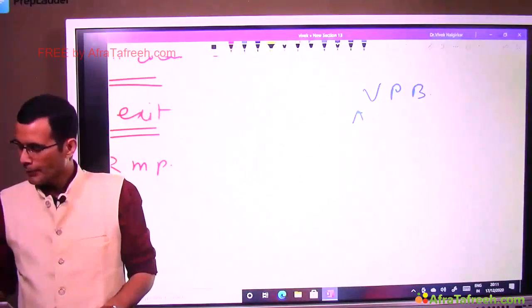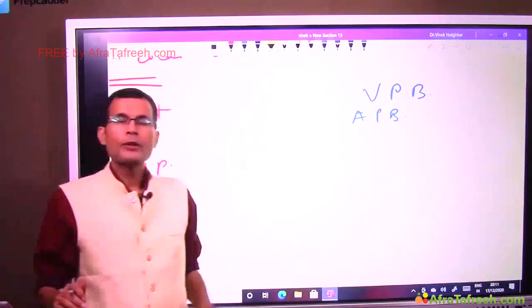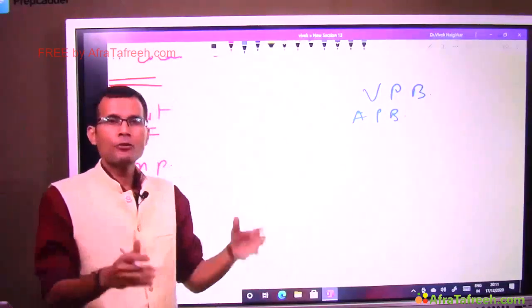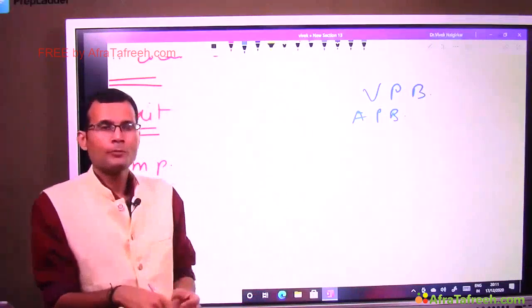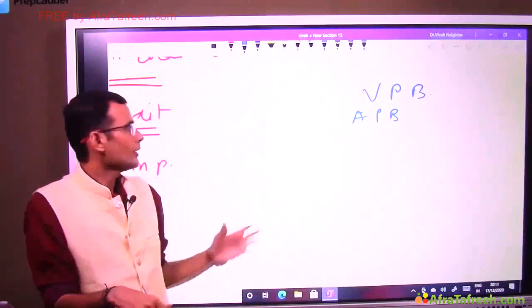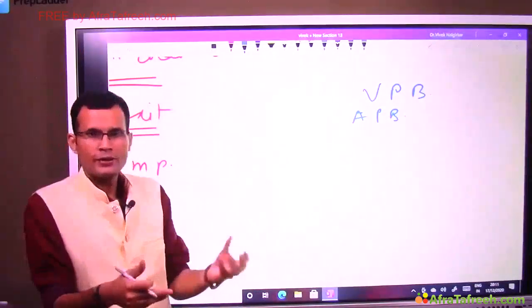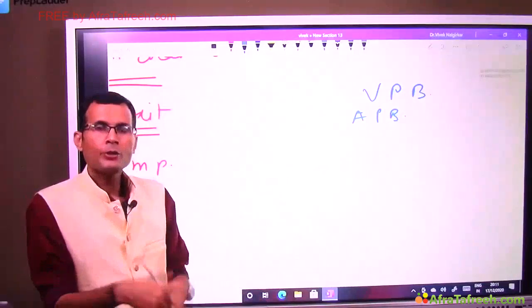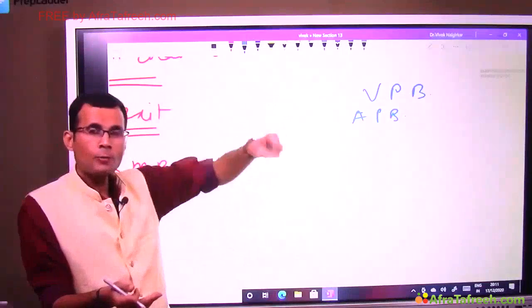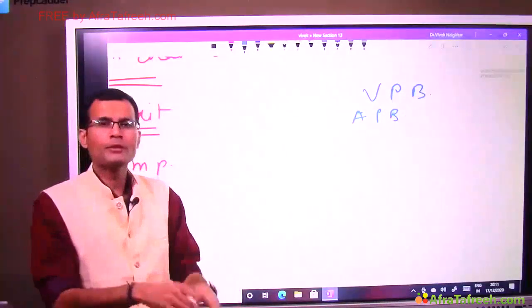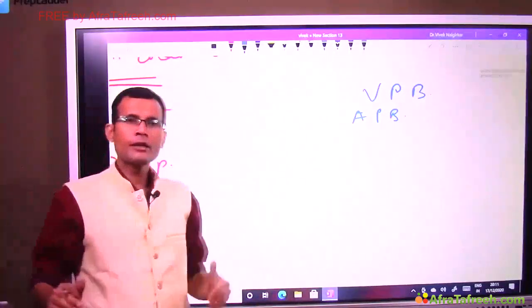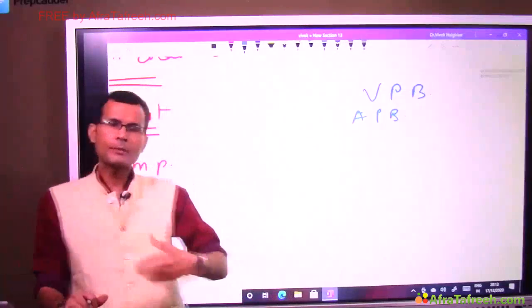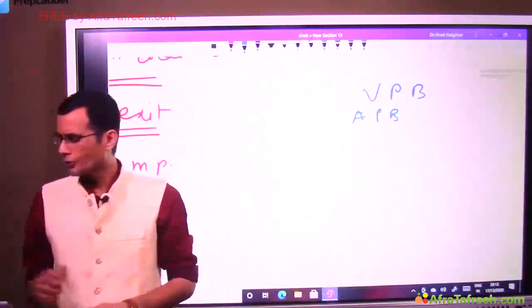And atrial premature beat. Ventricular premature beat is followed by a compensatory pause. You know why? Because when this extrasystole occurs, the heart is thrown into refractoriness, and during that refractoriness, the next normal sinoatrial impulse comes. So it will find the ventricle in the refractory period, so that beat will be lost. I mean, there will be no contraction.